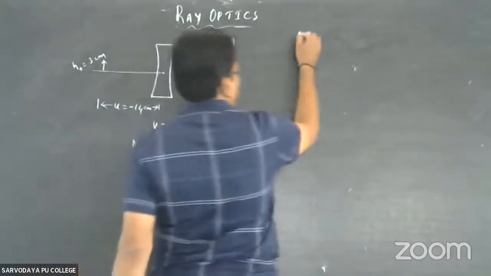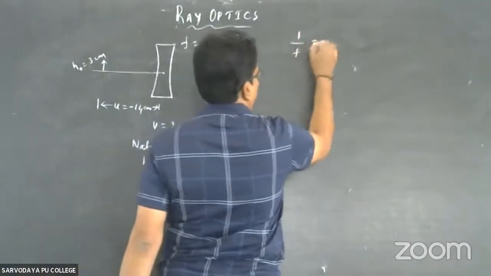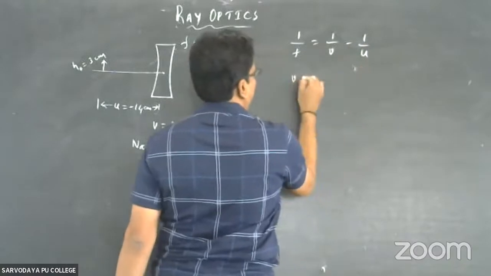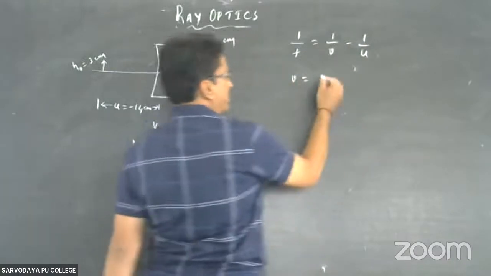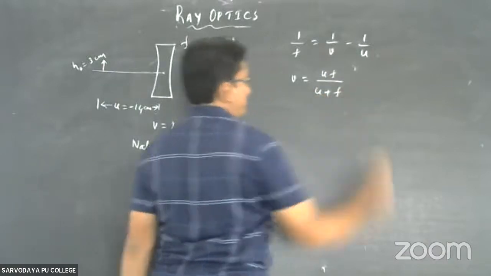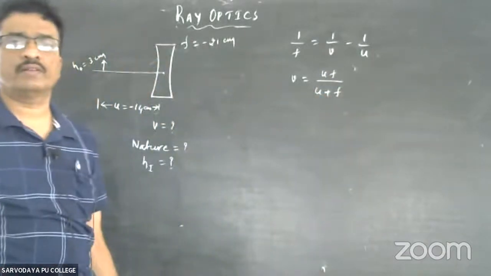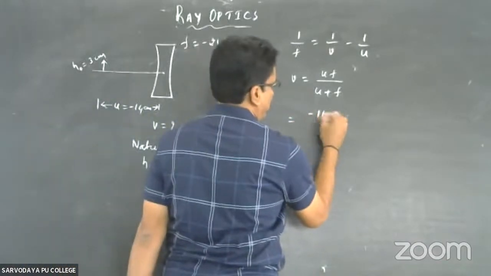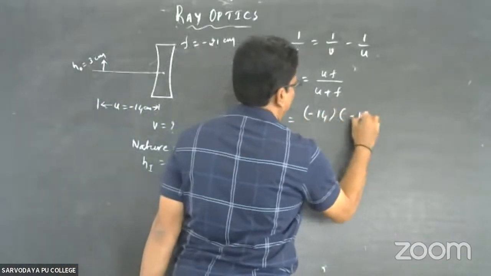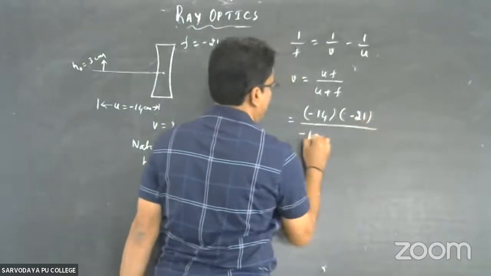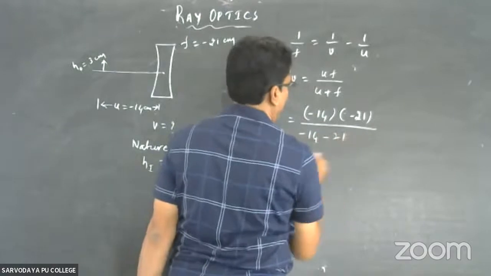Therefore, 1 over f equal to 1 over v minus 1 over u. Already I explained v comes out to be uf by u plus f. Now u is minus 14, f is minus 21, so v equals minus 14 into minus 21 divided by minus 14 minus 21.